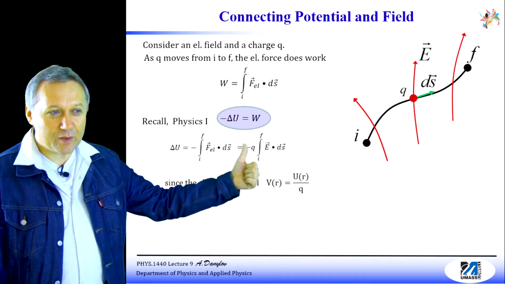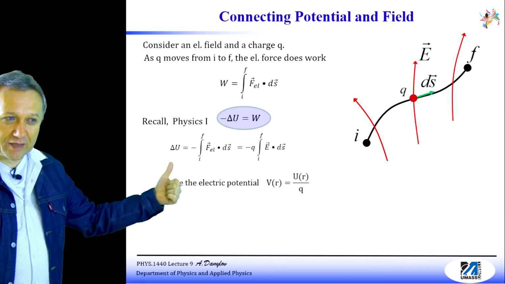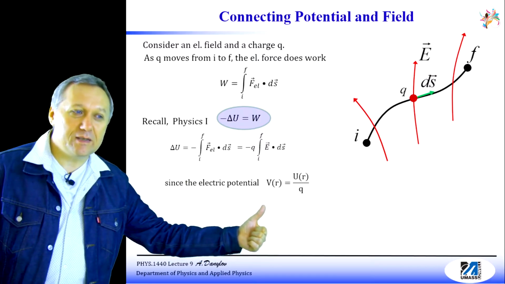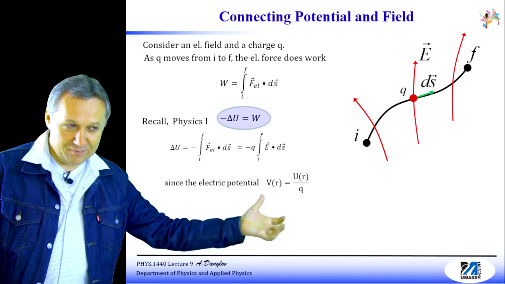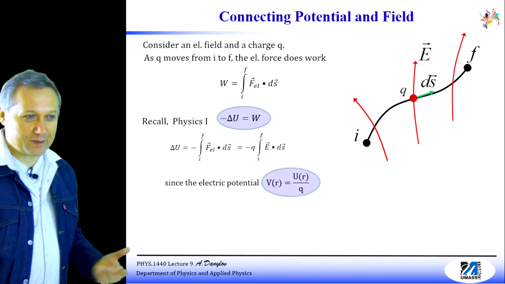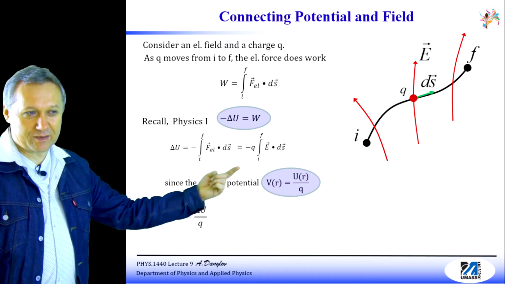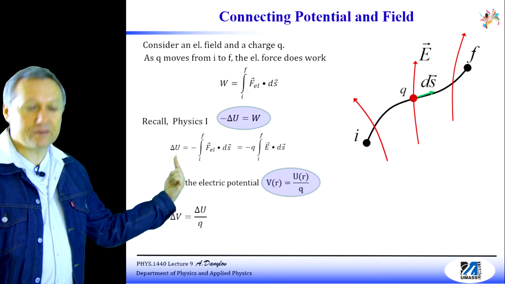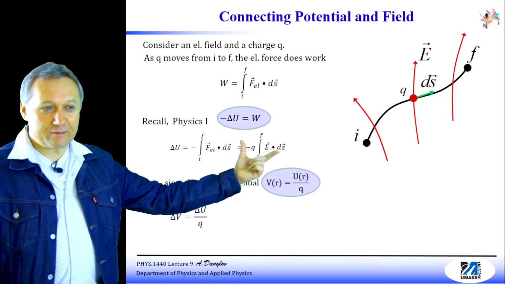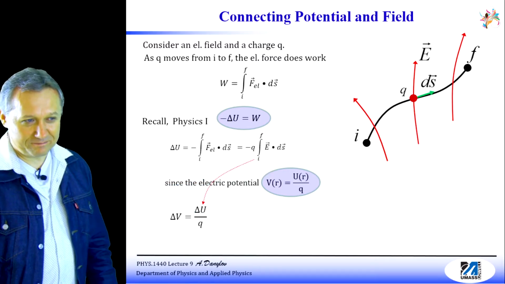So basically it means, look, if we take this charge from the right-hand side and move it to the left-hand side, we will get delta U over q, and of course that will be delta V. And the derivation is almost done. Basically 2.5 steps. All right, so as a result, delta U over q is delta V, and what is left on the right-hand side will be minus this integral.